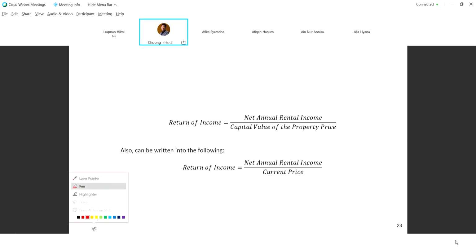In this case, the return of income is the net annual rental income divided by the capital value of the property price. Understand that it's the net annual rental income over the capital value of the property's price.